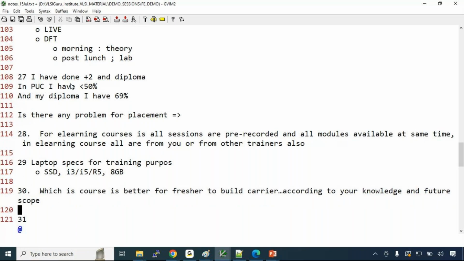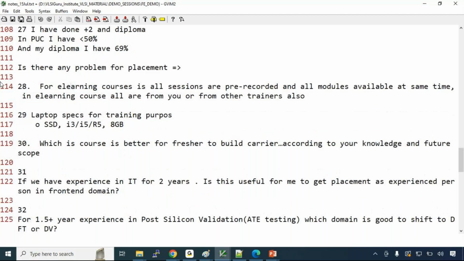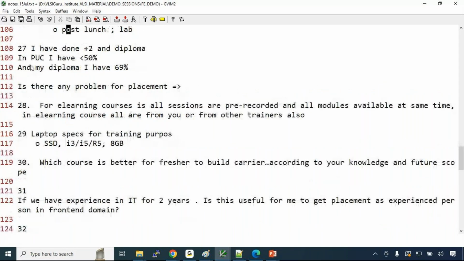Sir, can you please repeat question 27? What I said is that for someone with a diploma background, companies generally don't select them, because when companies come to us with hiring requirements, they say they want minimum BTech or BE.